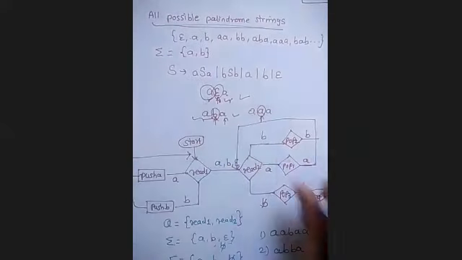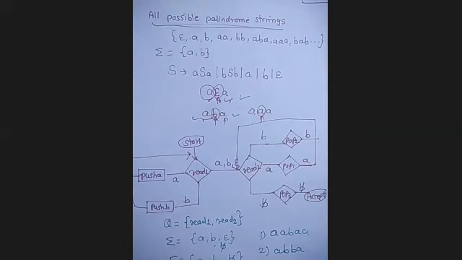In the case of odd length palindrome, in an earlier example, we designed the DPDA. In that case, before we get the middle symbol, all the previous symbols, which may be A or B, are pushed onto the stack.